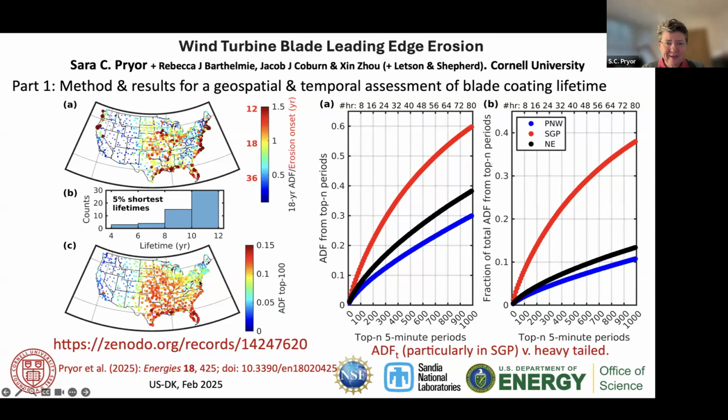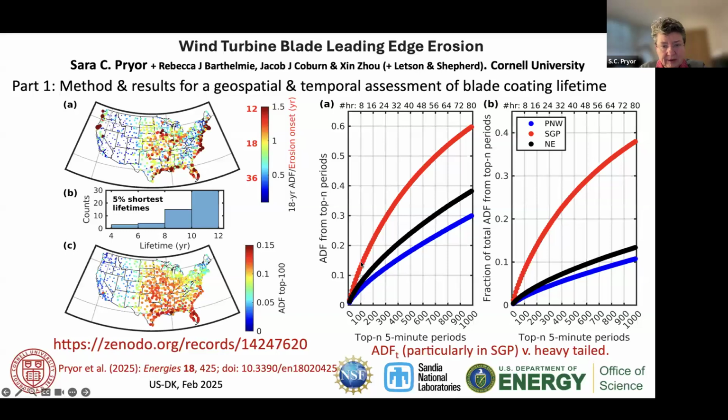If you look on the right-hand side here, this is now saying we can look at the top 100, top 200, top 300, 5-minute periods. What is the accumulated distance to failure during those periods?